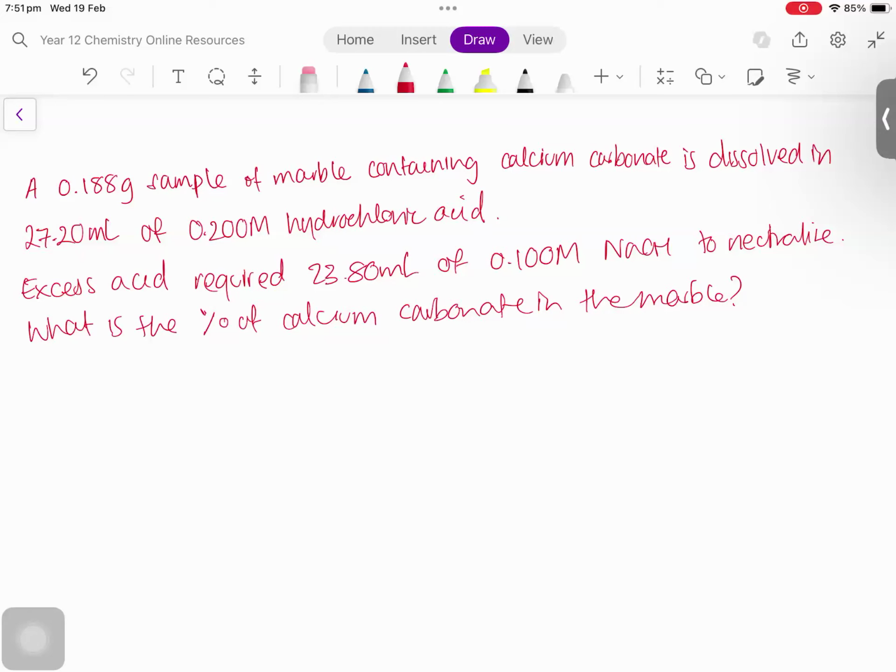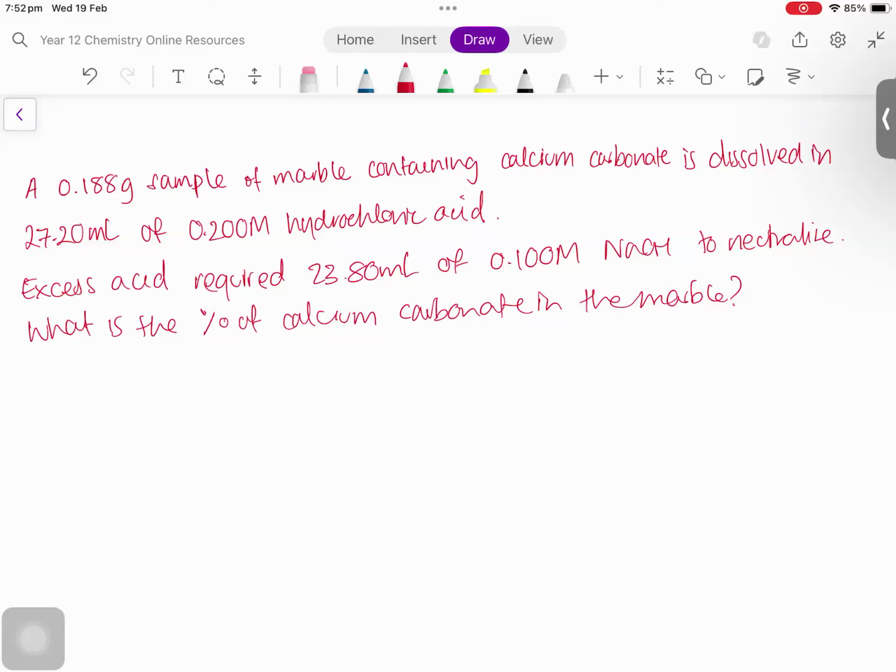So walk through it with me. How many chemicals are there in this question? And then as you give them to me, what are the chemicals? Marble is not a chemical. 3. What's the first one? Calcium carbonate. What's the second one?